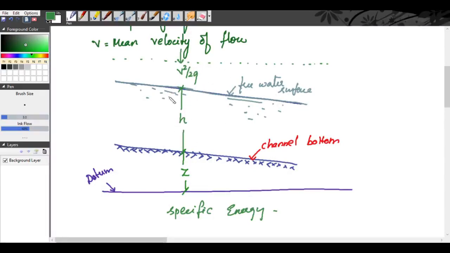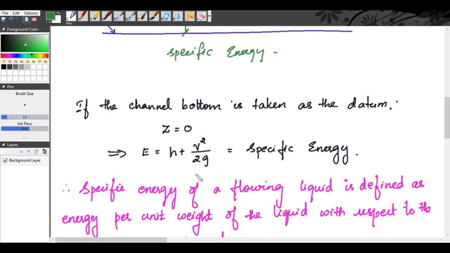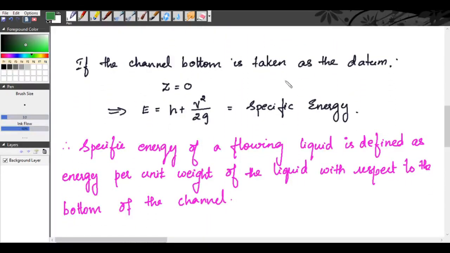This total energy when the datum head is equal to 0 is called specific energy. So specific energy of a flowing liquid is defined as the energy per unit weight of the liquid with respect to the bottom of the channel.